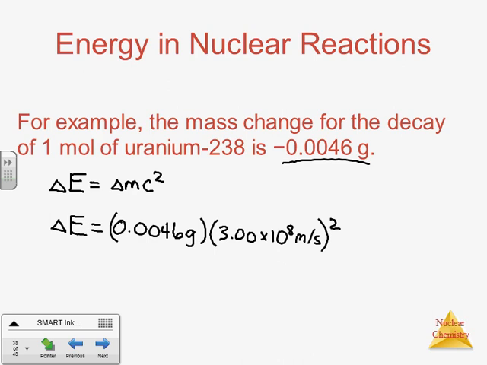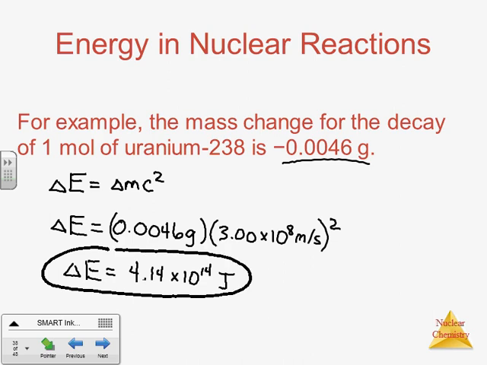When we multiply these together, obviously you're going to get a huge energy change, very, very large. So the amount of energy you get out when you lose 0.0046 grams of mass is 4.14 times 10 to the 14th, and I believe the units are joules. That is a very significant amount of energy.